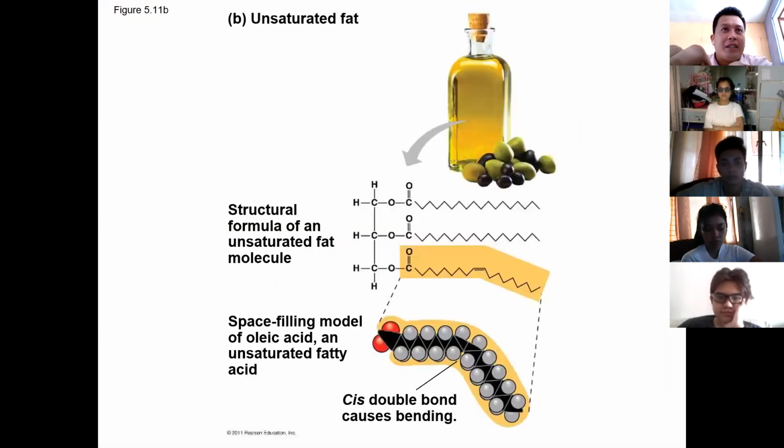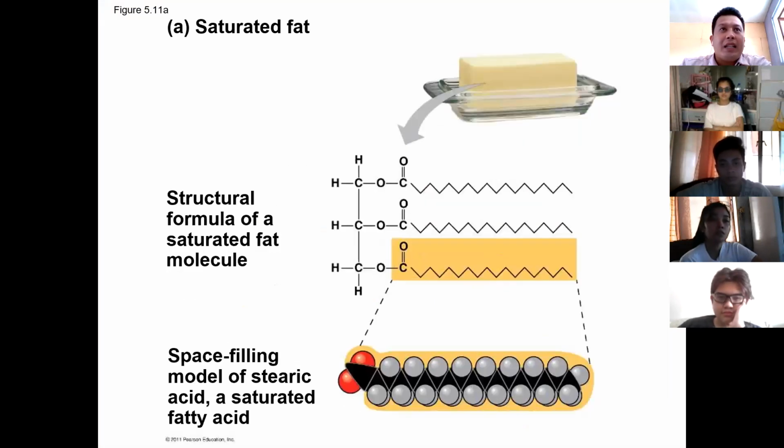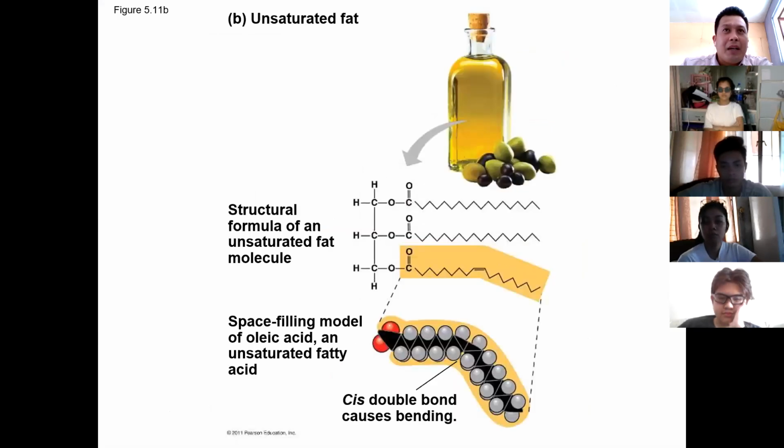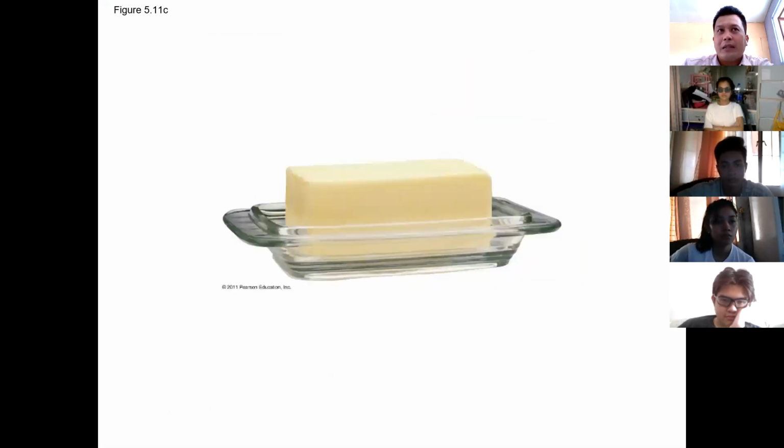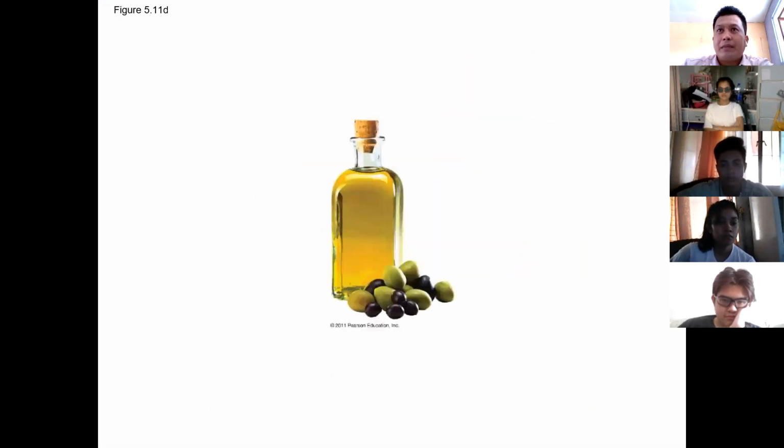Here is the saturated fats, which is the animal fats or lard. It will harden at room temperature, but this is the unsaturated fat. This will not harden at room temperature. These are oils: palm oil, vegetable oil, coconut virgin oil, or the likes.